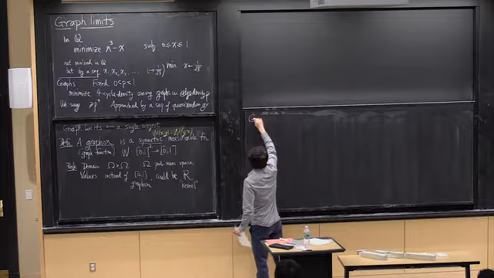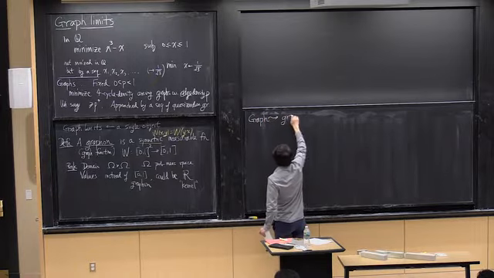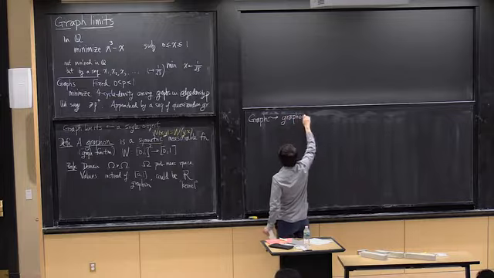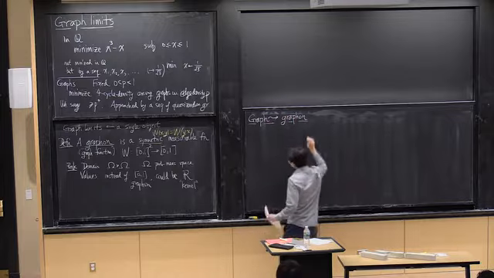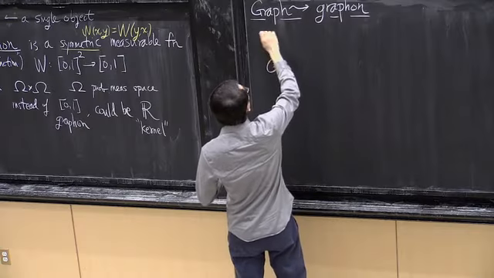So if we start with a graph, I want to show you how to turn it into a graph function. Okay, so let's start with this graph, which you've seen before. This is the half graph.